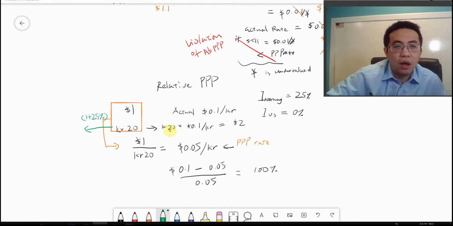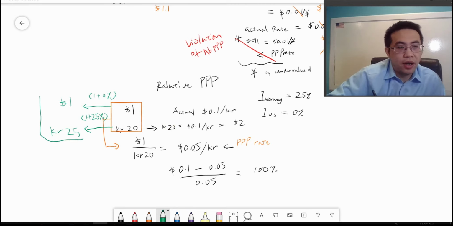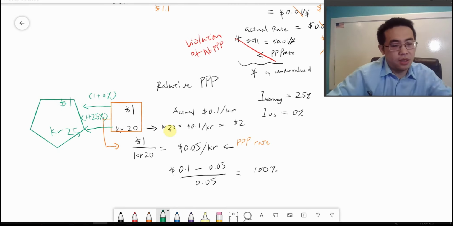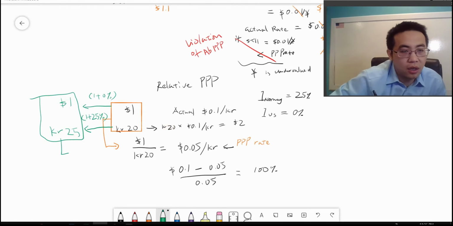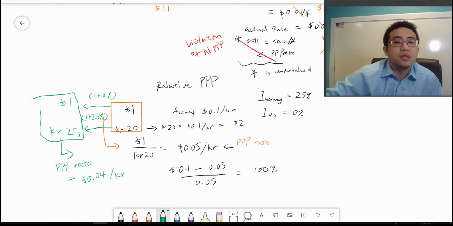So the new price would be how much? 25. Okay, it would be 25 krone. When the dollar has 0% inflation, then it still will be $1. And under that new price level, then you will see the new PPP rate here is $0.04 per krone. So you see the PPP rate actually reduced from 0.05 to 0.04.